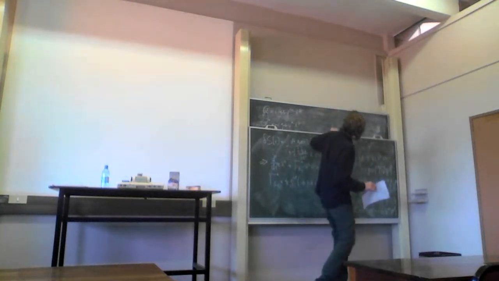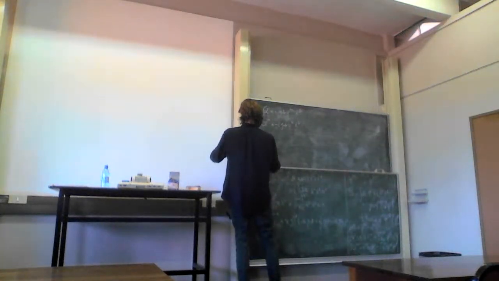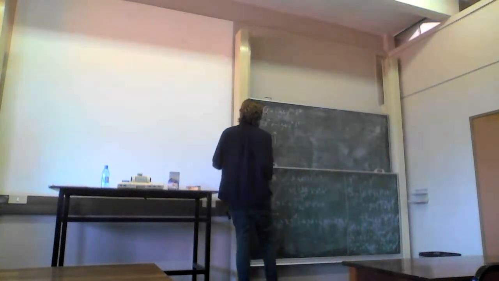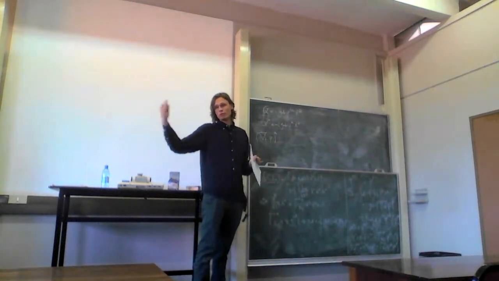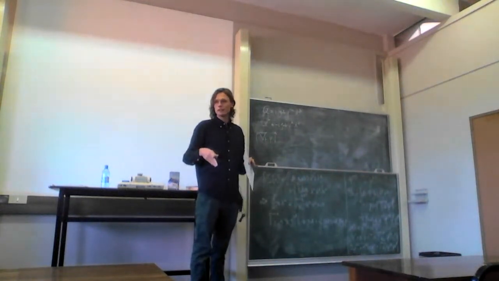So maybe I should define the covariant derivative. D_t of psi^A. It's really the pullback of the covariant derivative from the target space to the worldline of the particle, and it's given as follows.